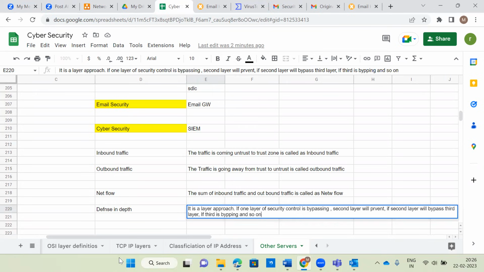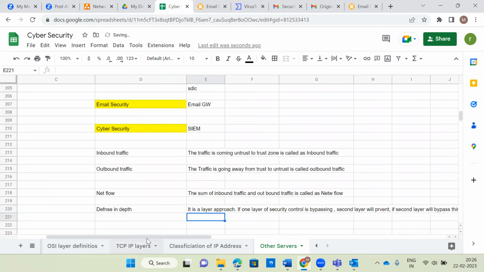This layered approach we call defense in depth. It is nothing but implementing multiple controls, so that is called defense in depth.